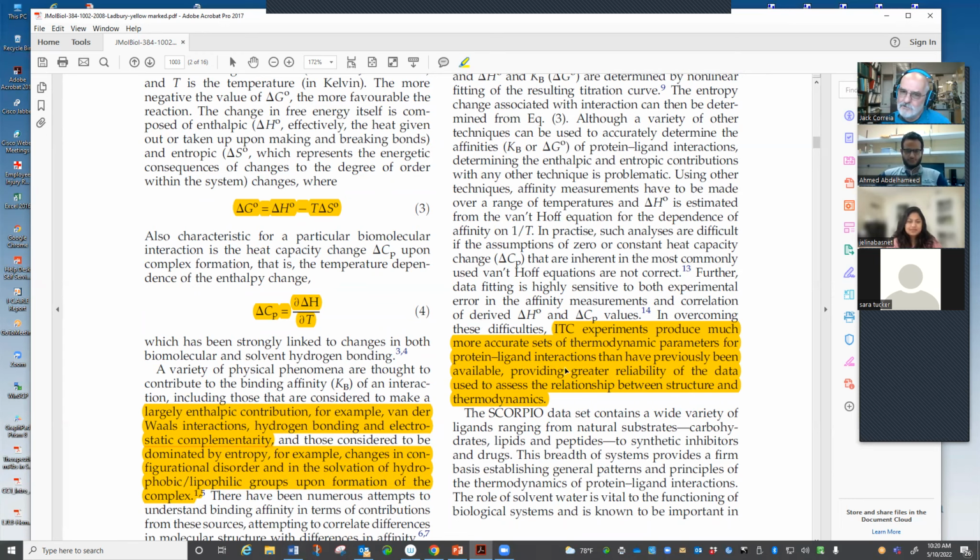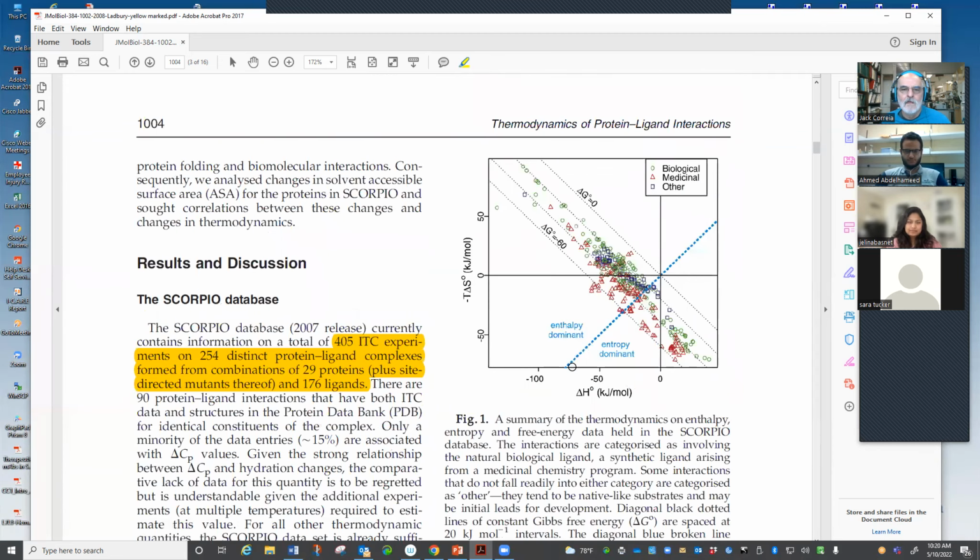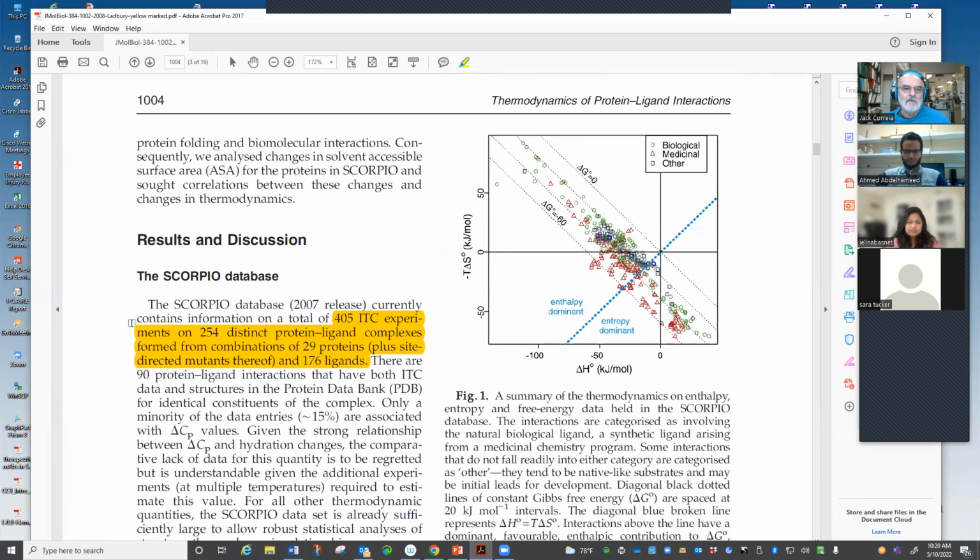And this is one of those papers. I don't know if this is the best paper out there, but in my mind, it's an informative paper for doing that. So the database that they're talking about is a database that, maybe it says this in the methods. They didn't do this themselves. I think this is part of a larger database that exists out there.